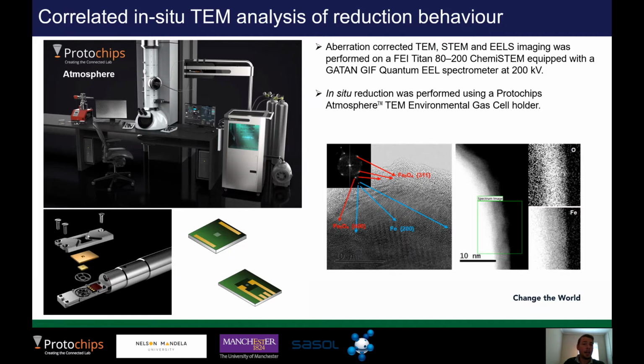We came back the next morning and assembled the chip into the holder, as indicated by this figure at the bottom left, and then put it into the microscope for successive reduction steps to study the dynamic changes that occur on several sites of interest as we reduce at temperatures up to about 750 degrees.